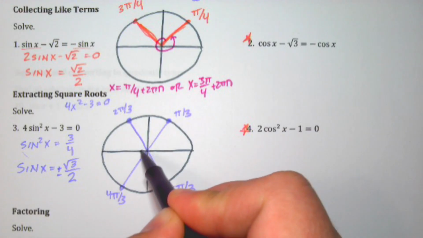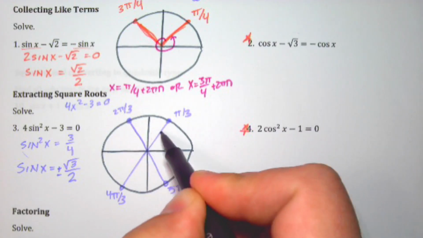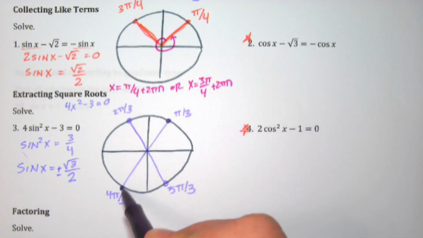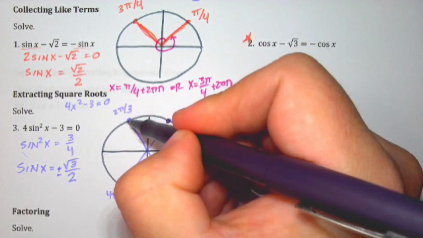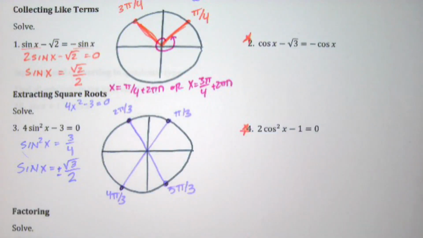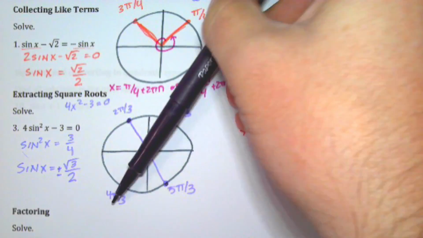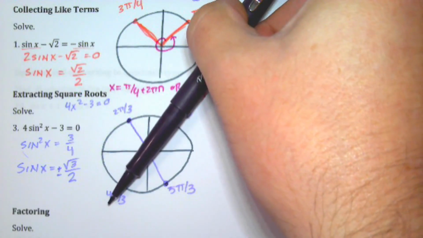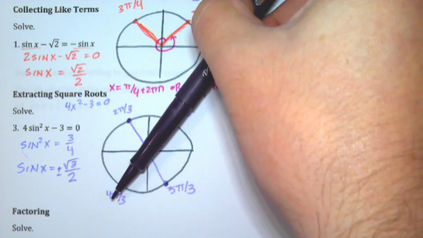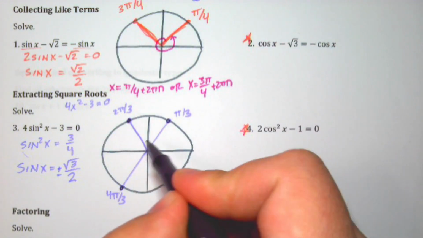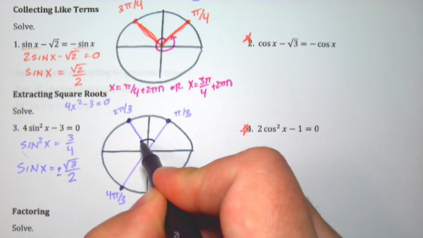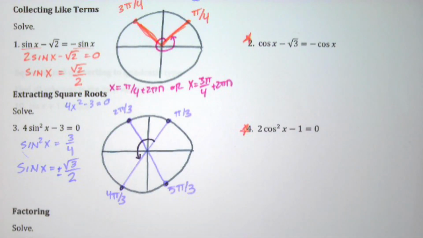However, you can hopefully see something happening between pi over 3 and 4 pi over 3, and then equally from 2 pi over 3 to 5 pi over 3. These are exactly not 2 pi, but pi apart from each other. So from our first angle to this one is a pi distance, right?